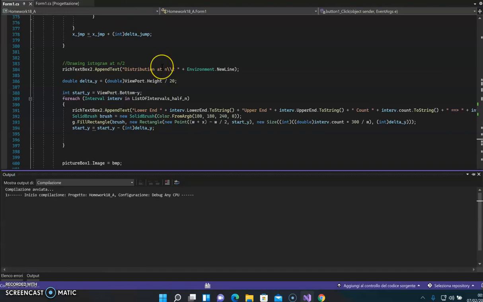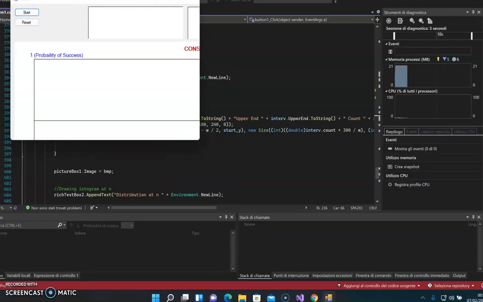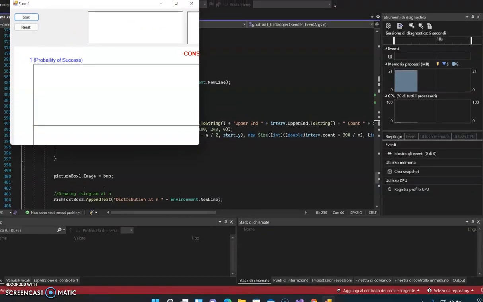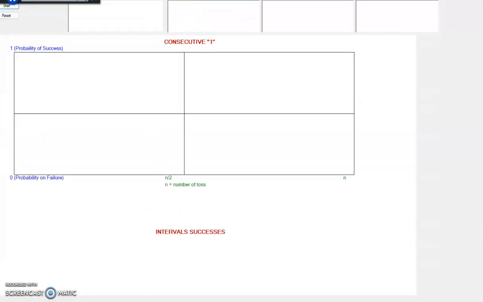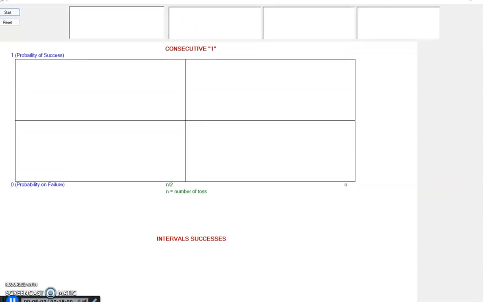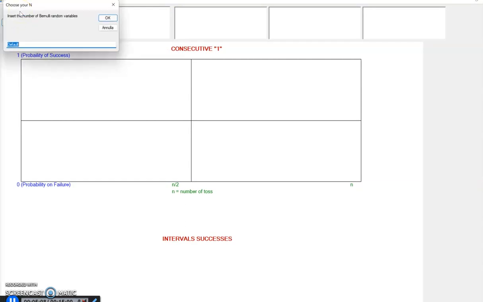By running our code, I can show you the elaboration of our distribution. If we click on start, we have to input a number of random variables. For example, we put 10.